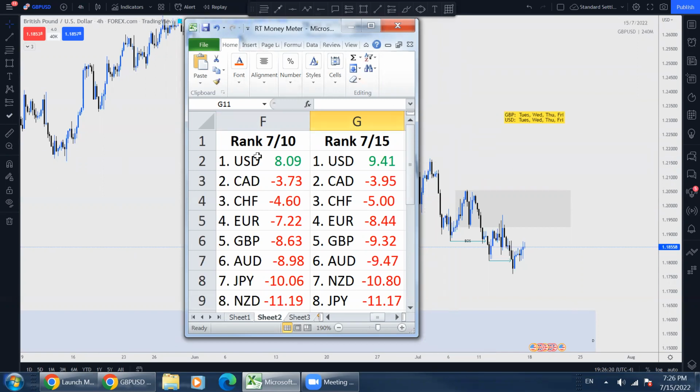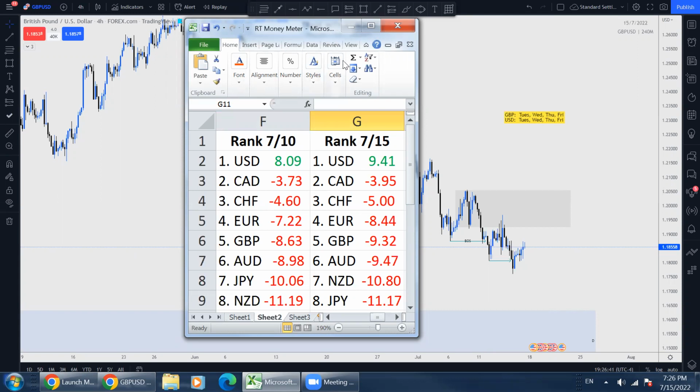One, USD. Look, last week it was at 8.09. That was the rate of change, right? It moved to 9.41. It actually is trending to the upside, getting stronger. It was a surprisingly strong week for the USD, in my opinion, because I was looking for some pullback.